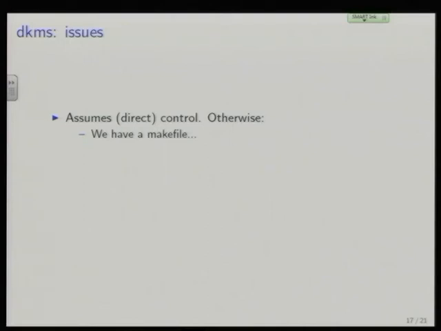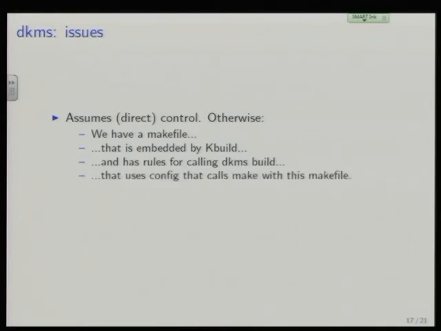So in the end, you have a makefile that is embedded by kbuild, as we've noted previously, that has rules calling dkms build, among other things. And dkms uses a config that calls make with this makefile spec.